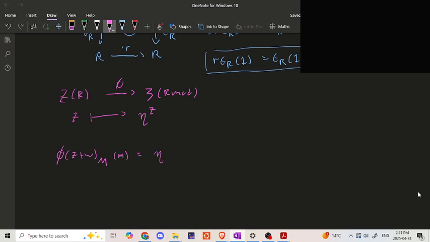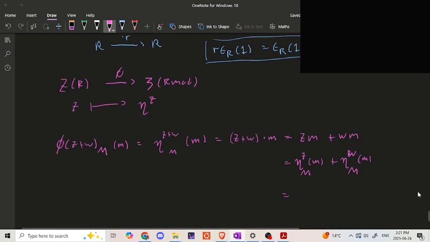So what is this? This will be eta of z plus w at m applied to little m. But this is z plus w acting on little m. And of course, by the fact we're assuming this is an R module, this is z acting on m plus w acting on m, which is, of course, eta z evaluated at m plus eta w at m acting on m. And what is that?